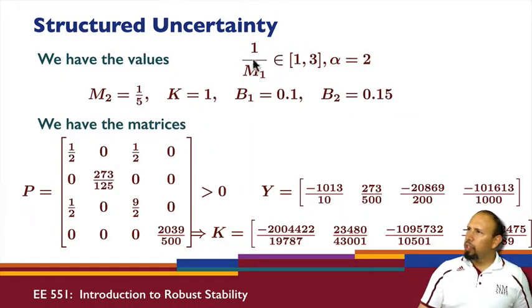Now if we actually work with numbers, suppose that 1 over M1 is between 1 and 3, and again this is in some units, maybe tons, and the nominal value alpha is 2. Let's suppose 1 over M2 is 1/5, and we have these values for K and B. It turns out we can go through and show that if we have this matrix P and this matrix Y, we can obtain this state feedback gain K that stabilizes our system.